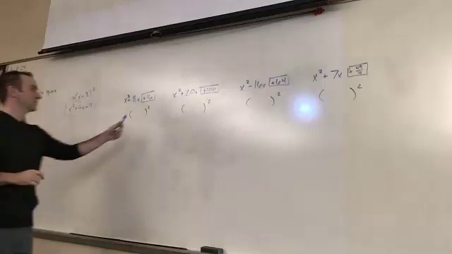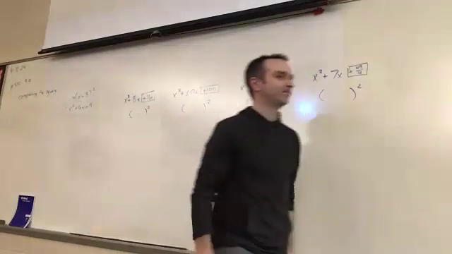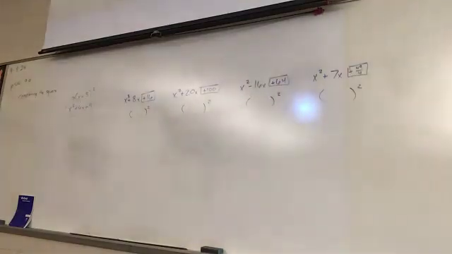Talk to me about it. What's in the parentheses? Okay. For which one? For that one, it is x plus 4. For that one, it is... No, that one's x minus 8. And then the last one is x plus 3.5. Because it's negative.